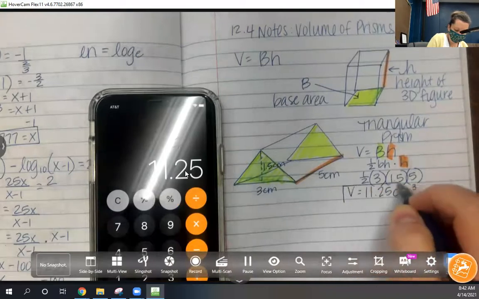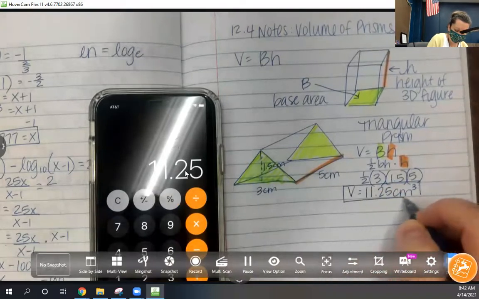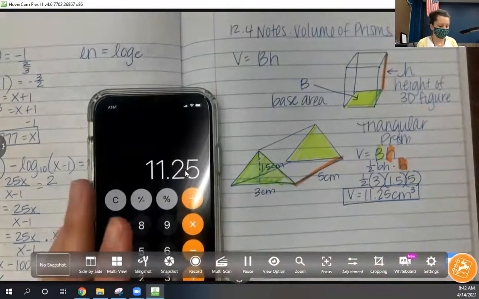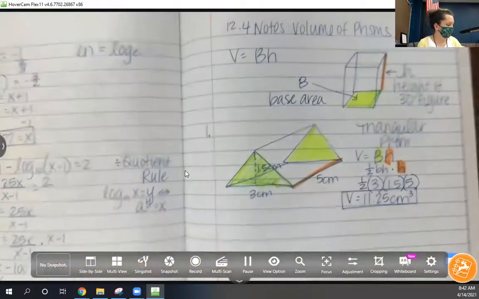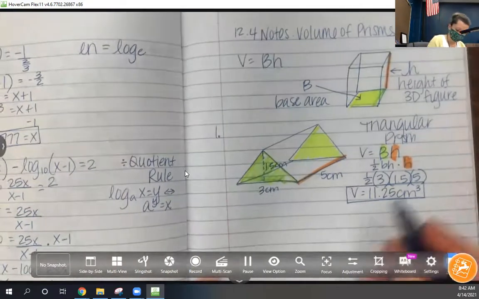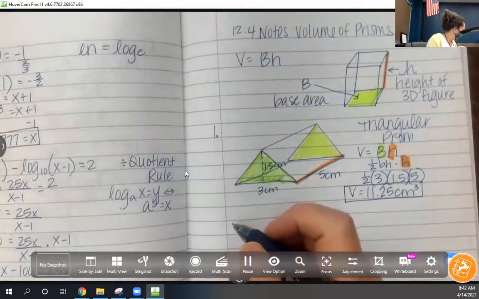So think, area is squared, volume is cubed because I'm filling it in. It's 3D. If it's 2D, I'm finding it's squared, and if it's 3D, it's cubed. Little hint.